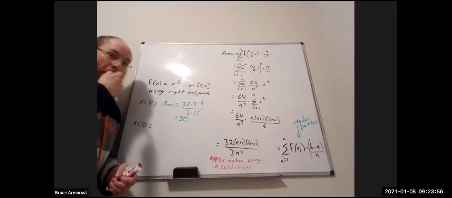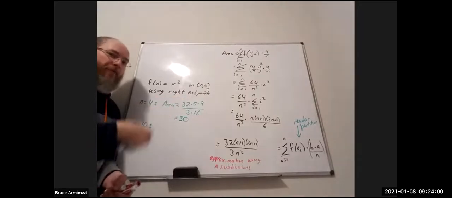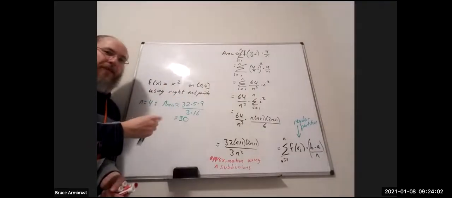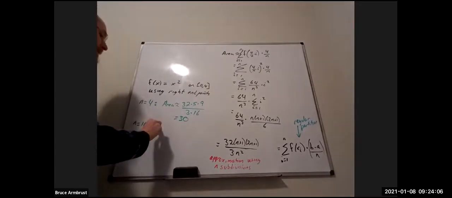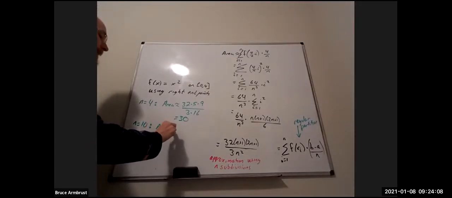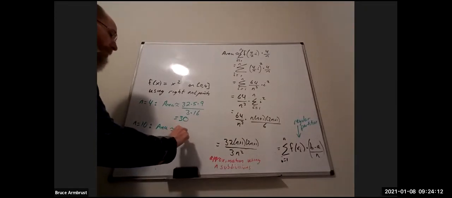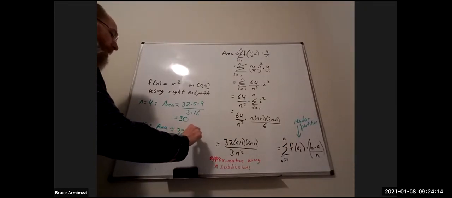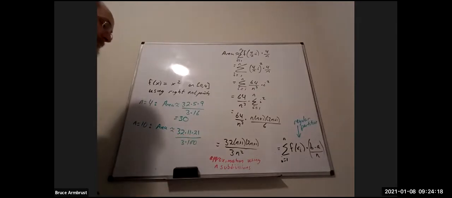Okay, well, go ahead. Do it the old-fashioned way. Split it up, find all the different heights, multiply, find the areas, and add them up. I guarantee I'm going to beat you because I've got a formula. I just have to plug in 10. So I'm going to get 32 times 11 times 21 over 3 times 100.